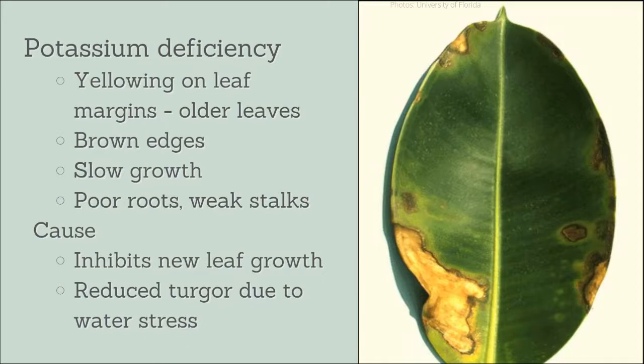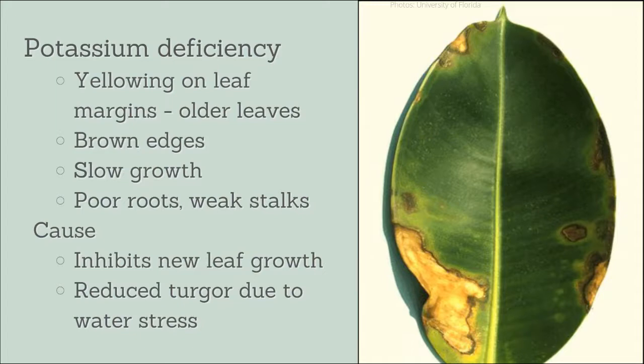So that affects the transpiration, how much water can be evaporated from or transpire from that plant. So it's holding it in. And because it can kind of hold in some of that water, plants with potassium deficiency tend to look a little wilty.